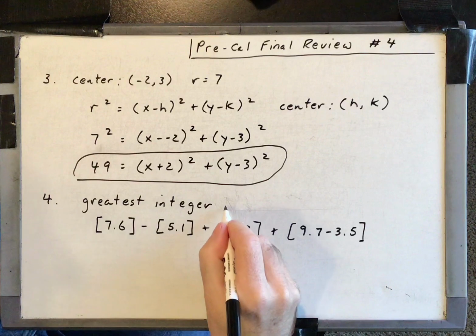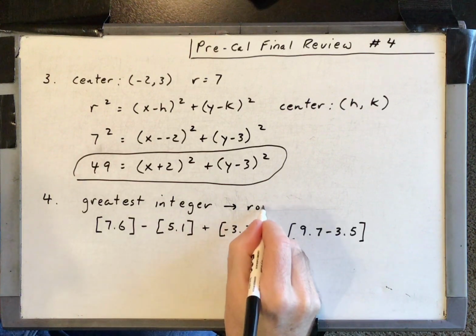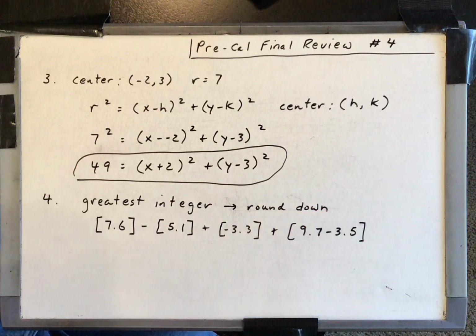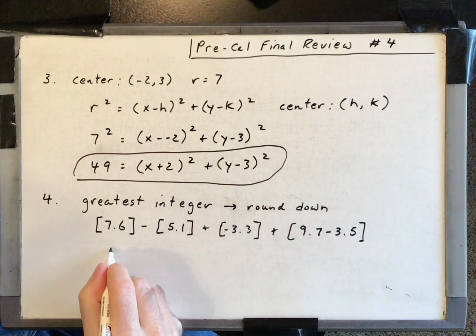With the greatest integer, what you have to do is round down. So we're rounding down to the nearest whole number.